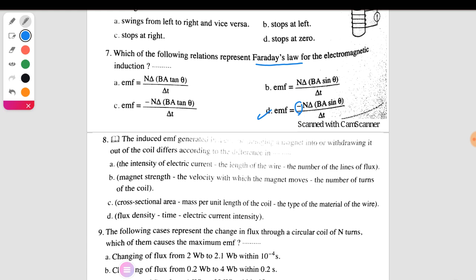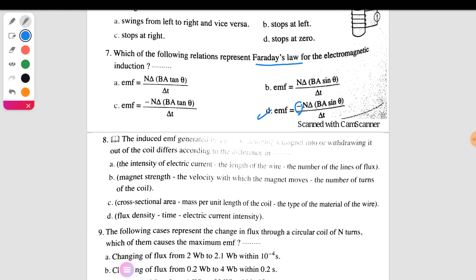Another question. Induced EMF generated when a magnet moves into or is pulled away out of the coil depends on which of the following? A: the intensity of electric current, the length of the wire.